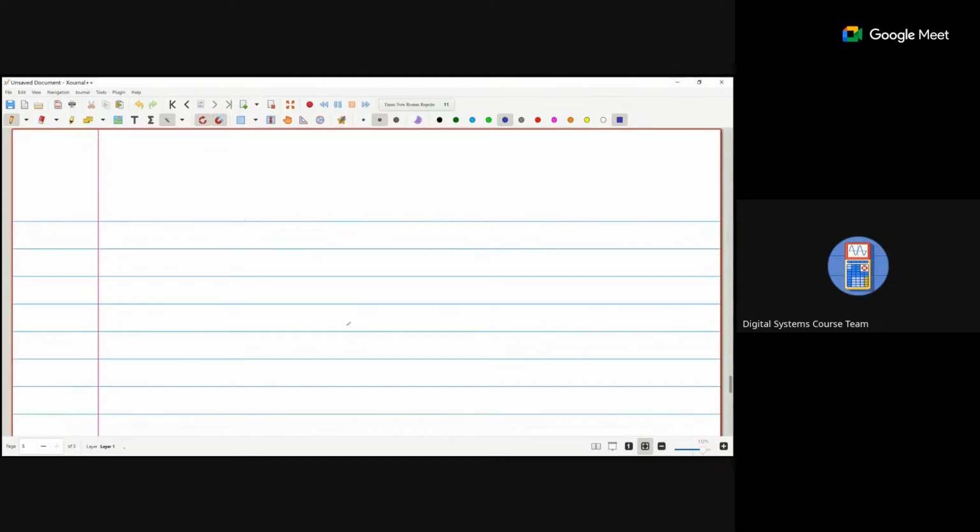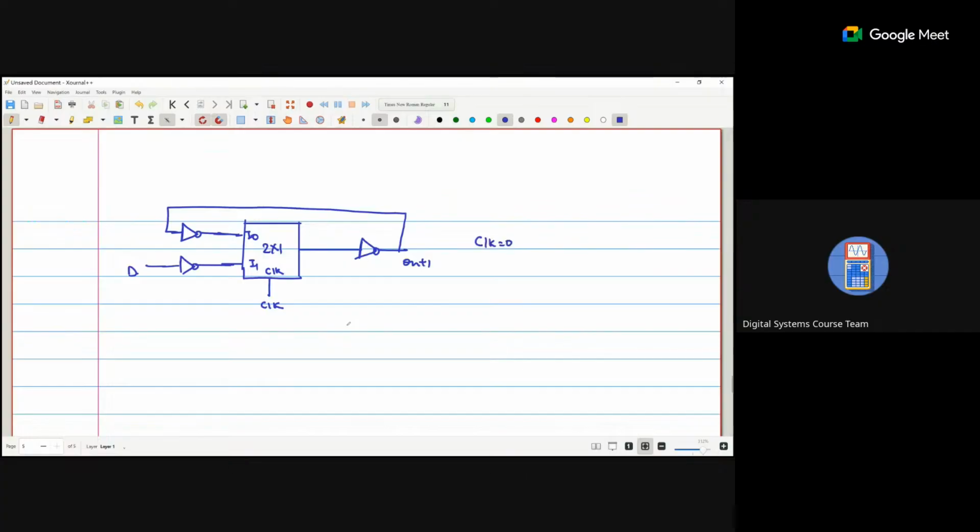Okay, so if we have a 2 to 1 mux, this is I0, this is I1, we have clock, we have connected as Qn plus 1, D. When clock is zero, my Qn plus 1 is Q. Why?